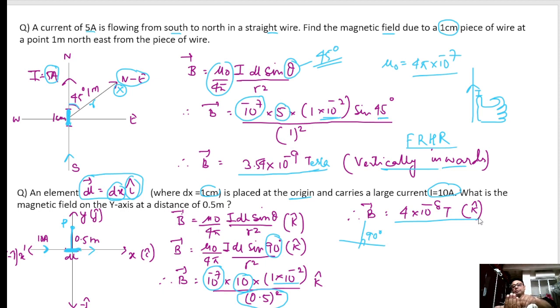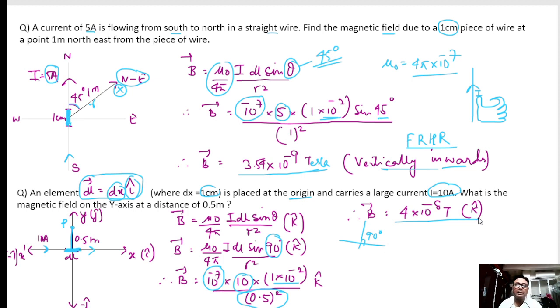So the magnetic field at a distance of this is like this, like this, like this.